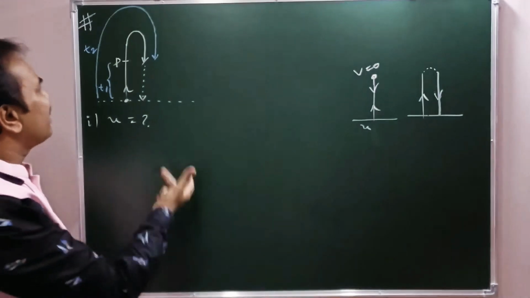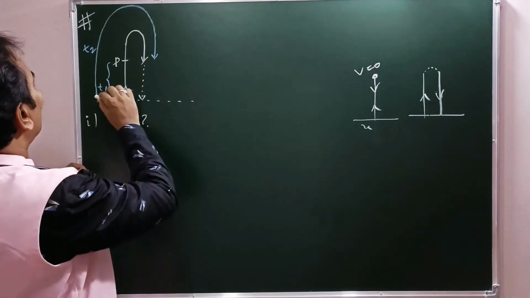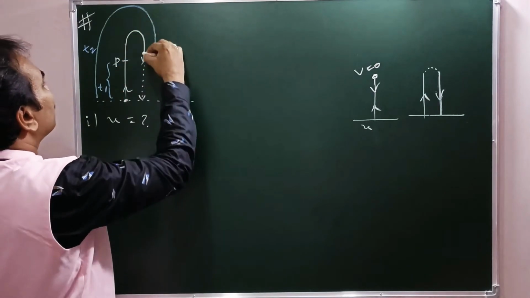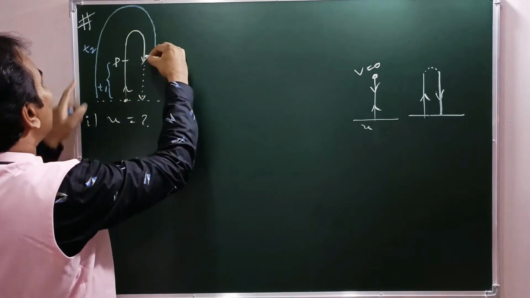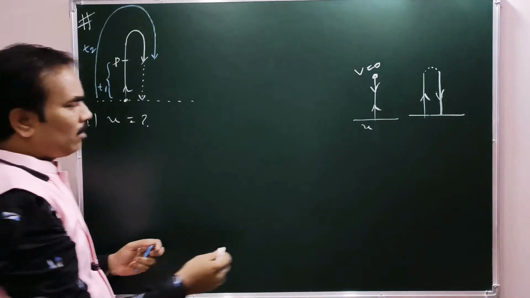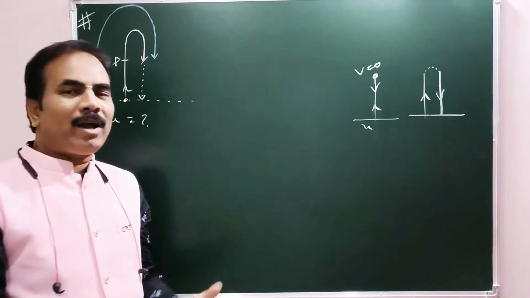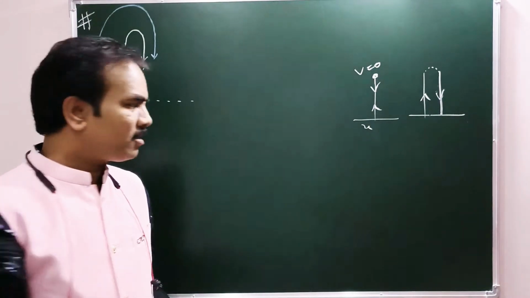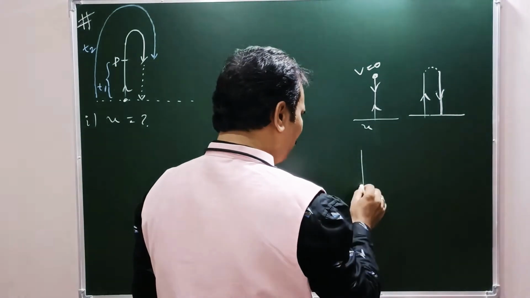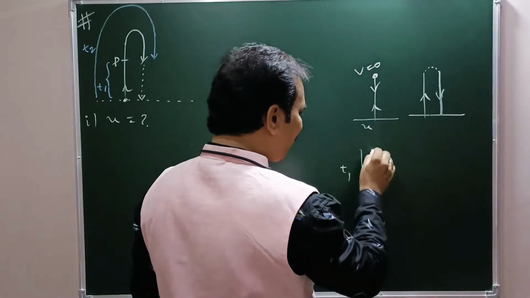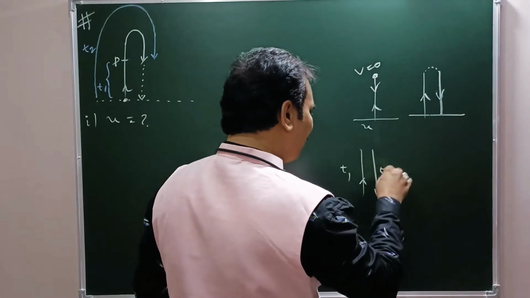Now, on seeing carefully, this is the time taken from here to there. For this segment, the time taken is T2. For this segment, T1. If there is no air friction, time of ascent equals time of descent. We came across that point. Suppose to go from here to there it is T1, to go from there to here also T1.